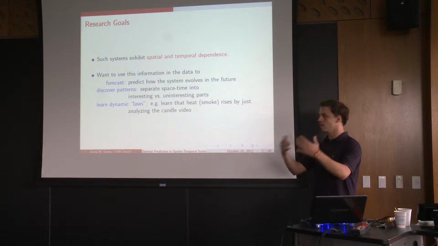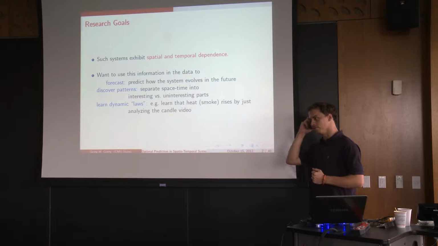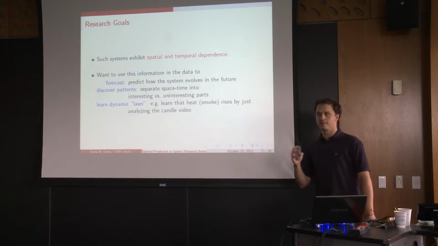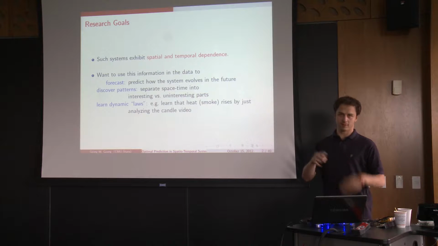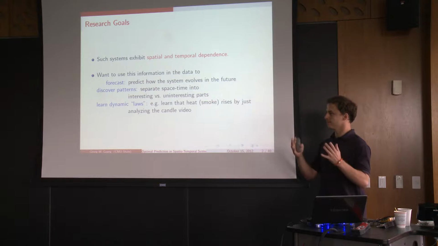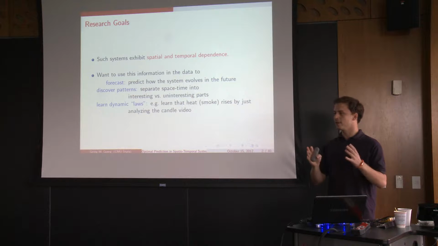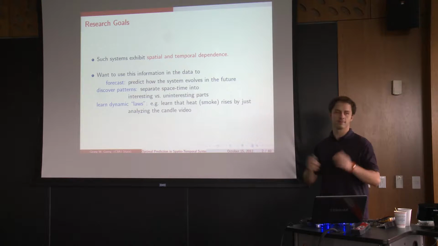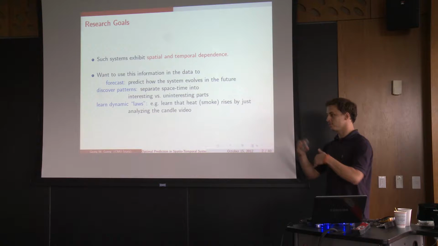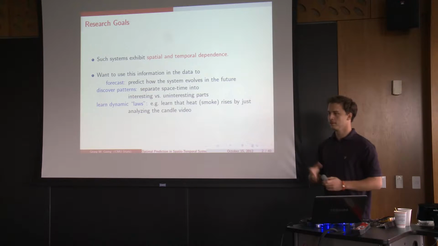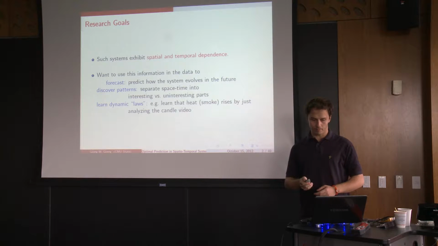So I want to learn that heat rises from the video. Now for a physical process that might be redundant because we know that already, but think of a social process that happens in space-time. There we're not sure yet what the laws are that generate these processes, so we might be able to detect social laws and social dynamics that give rise to the data we see.